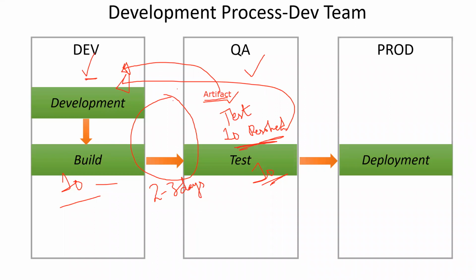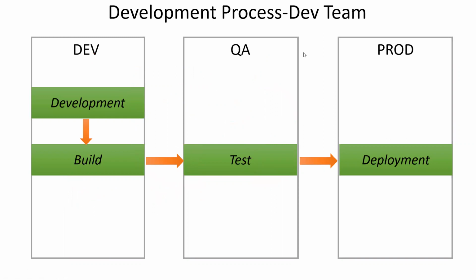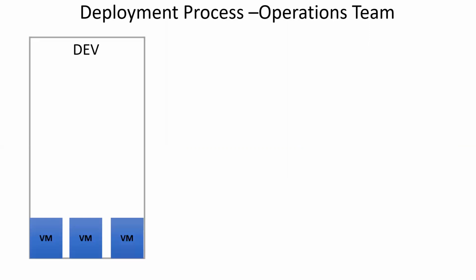release process. Now let's go ahead and understand the situation from the perspective of the ops team. What is the ops team going to do? The ops team, which is the operations team in this scenario, is going to give you sufficient infrastructure to run your application. What do I mean by that infrastructure?